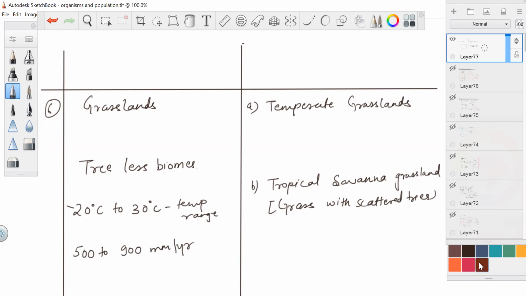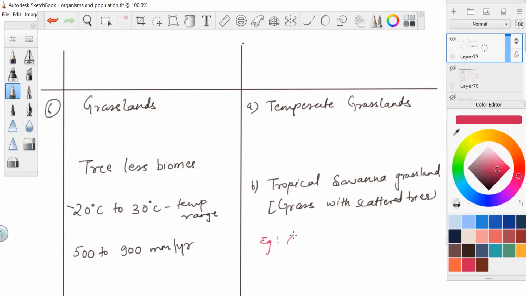So basically here you will have examples of grasses like salvia, oats, wheat, barley, cornflowers.